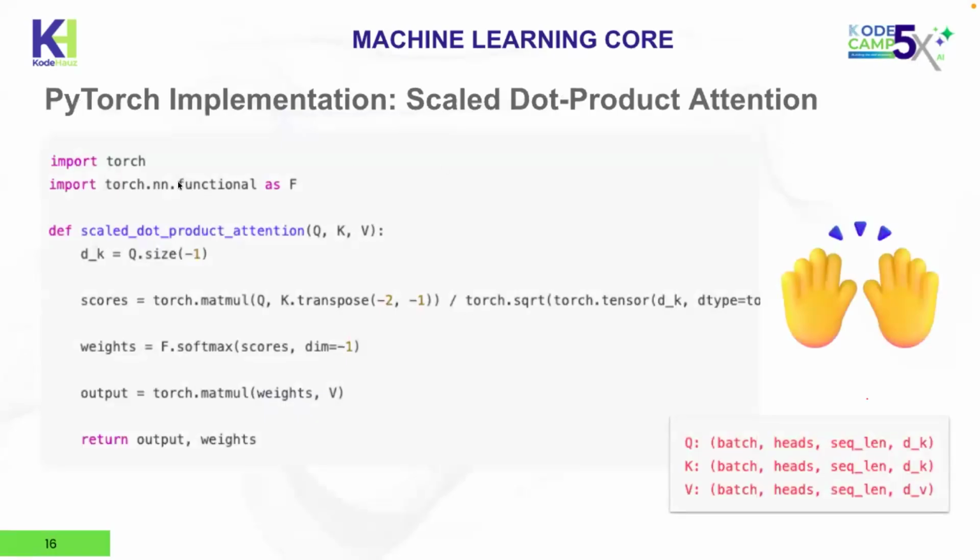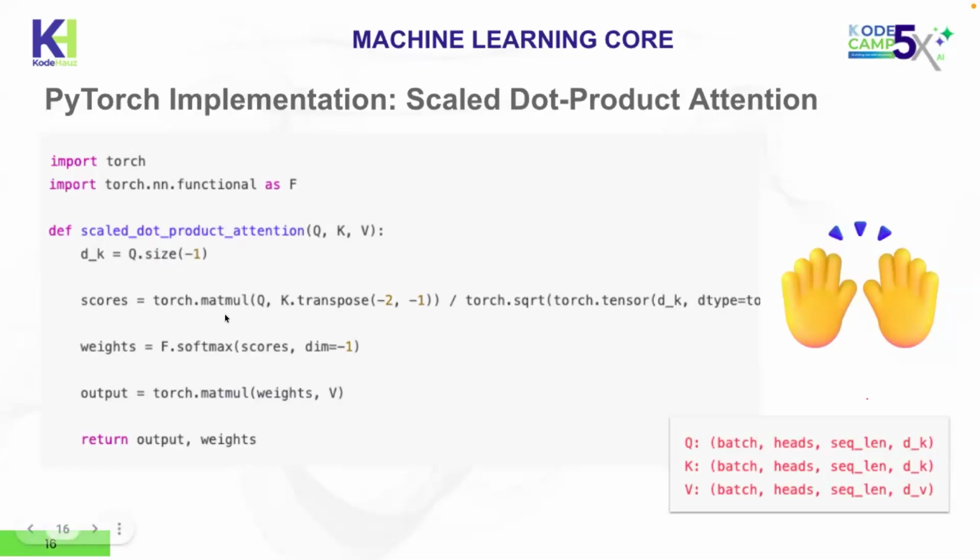So implementing scaled dot product attention is actually very simple, right? This is how you would do it. Basically, dk is the size of the last dimension of Q, which is not the embedding dimension, but the attention depth. So in the example where I was saying 128 by 1024, dk will actually be 1024.